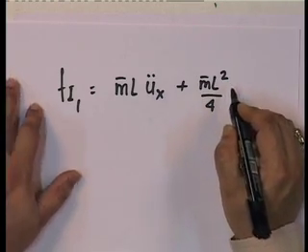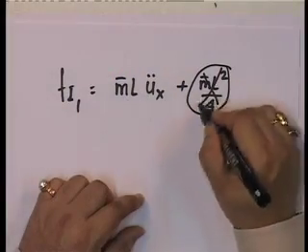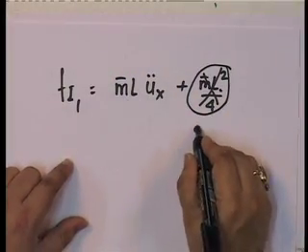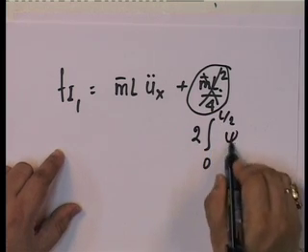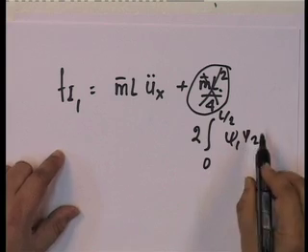I made a mistake here. It's something that I didn't point out. This one is wrong. We said that this was equal to 2 times 0 to L by 2 xi 1 xi 2. It's not correct.